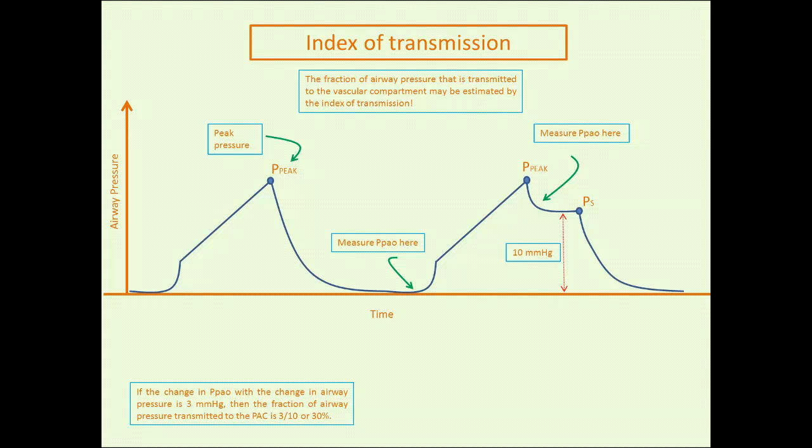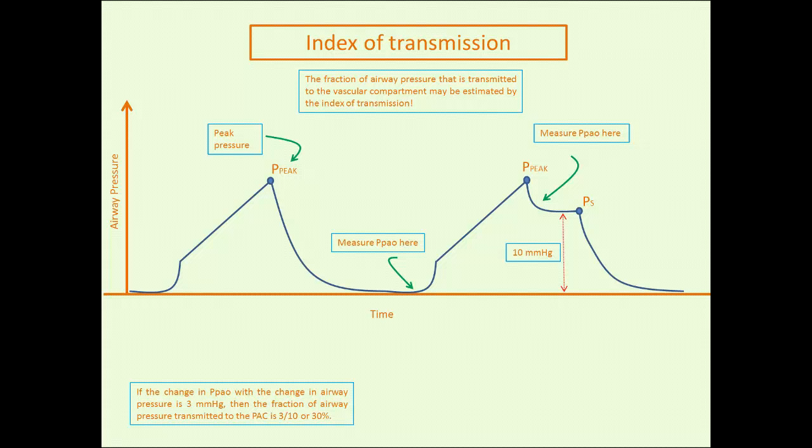Remember, as you increase thoracic pressure, you're changing pressure relative to the systemic veins. So the change that you may see in the right atrial pressure as a response to a change in airway pressure may not just be a result of the changes in airway pressure, but in fact changes in venous return as well.